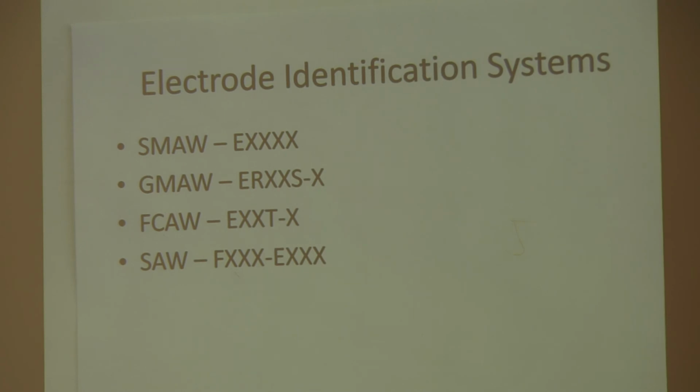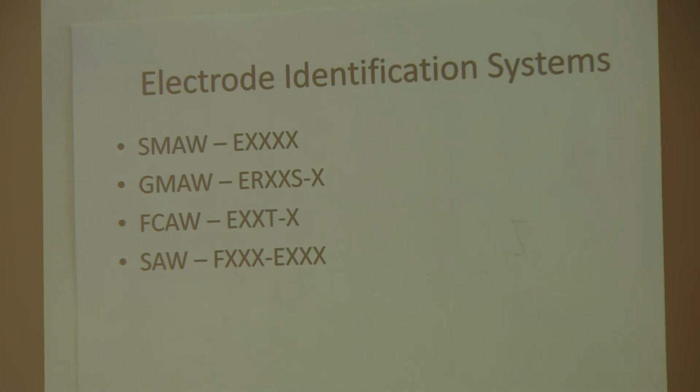In gas metal arc welding, which is MIG welding, you might know more commonly, that's always going to start with ER. The R stands for rod. And then you've got a couple of digits that identify your strength again. So you might have an ER70, and then you might have an S3 or something, which indicates your silicon level. It indicates the chemistry of your filler material.